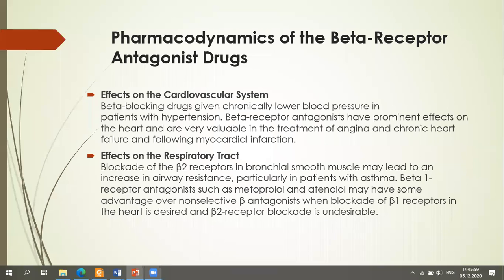In the respiratory system, for example, when people have asthma and these types of conditions, it can also be used as a treatment drug for special types of disease. Beta blocking drugs given chronically lower blood pressure in patients with hypertension. Beta receptor antagonists have prominent effects. And now, effects on the respiratory tract.